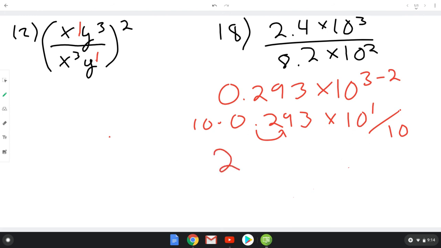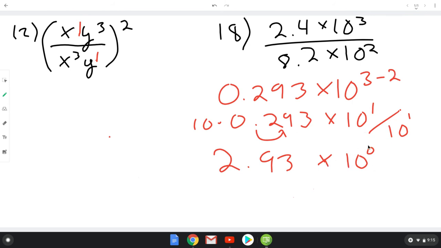So over here, I get 2.93, and over here, I'm subtracting 1 from the exponent, because remember, there's still another 1 there. I'm going to subtract 1 from my exponent. So now I have 10 to the 0.